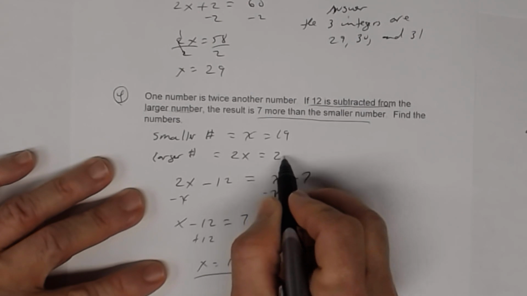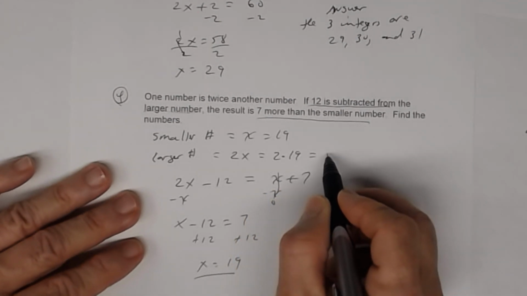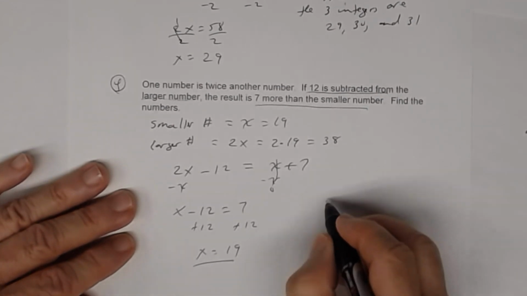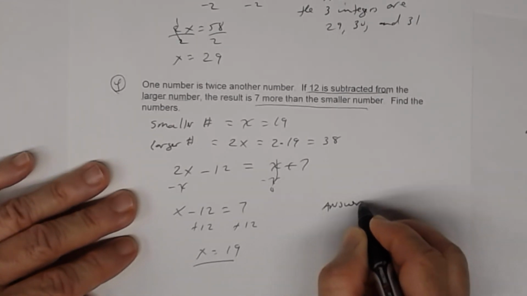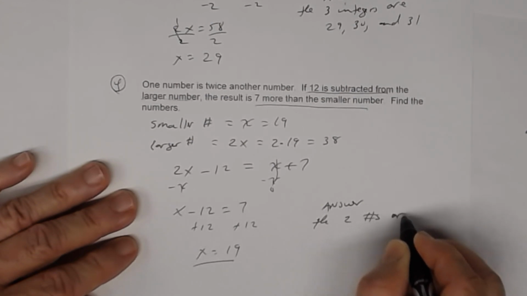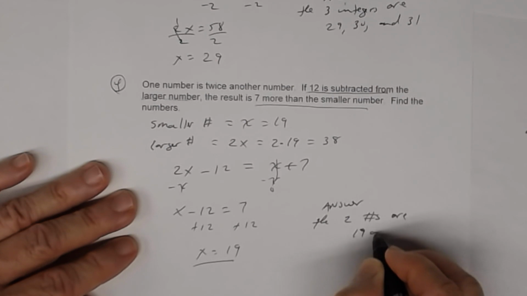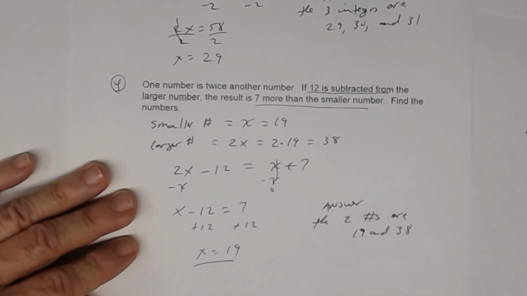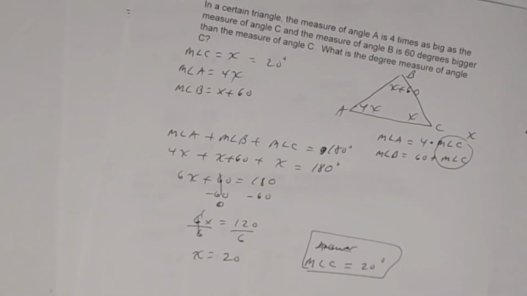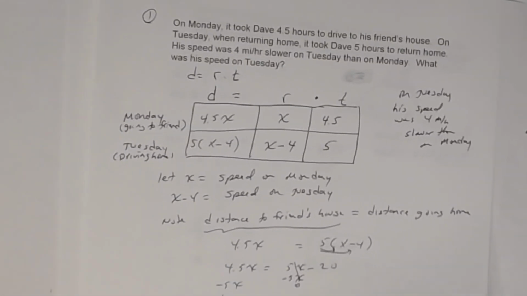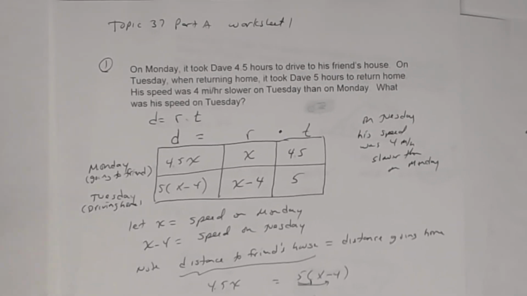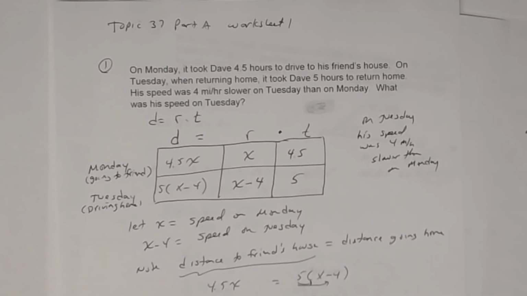And then the larger is 2 times 19, which is 38. So in a complete sentence, you're going to say the two numbers are 19 and 38. All right, so that was the 4 word problems on topic 37, part A for that worksheet 1.